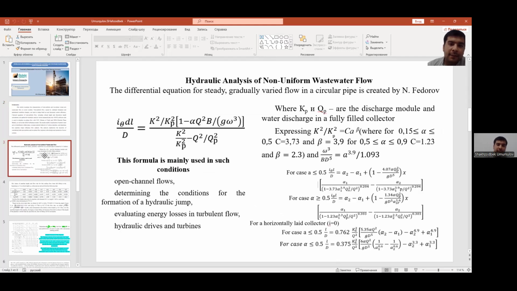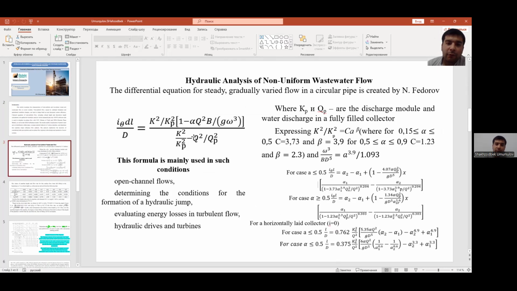The next slide examines the hydraulic analysis of non-uniform water flow. The differential equation for studying gradually varied flow in a circular pipe was created by Nikolai Fyodorov.